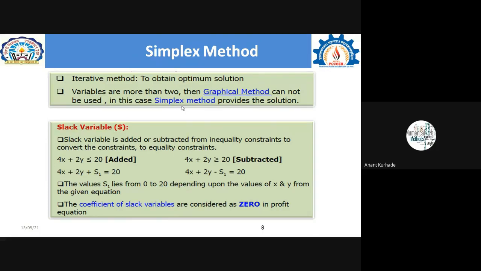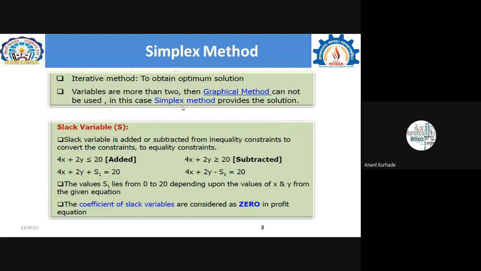In this case, we have to use the simplex method. Remember this. Why is the simplex method required? When the decision variables are more than 2, we cannot solve that problem using the graphical method, so we have to use the simplex method. As the name says, simplex, it is very simple.